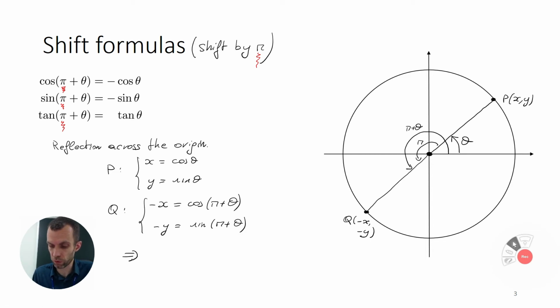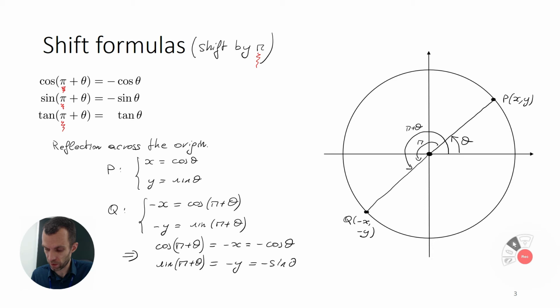If you put 2 and 2 together, you get that cosine of pi plus theta is minus x, which is minus cosine theta, and likewise sine of pi plus theta is minus y, which is minus sine theta. So that gives us formula 1 and formula 2 here. And then formula 3 you basically get by dividing sine by cosine.